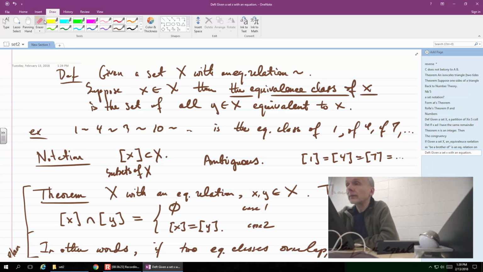Would it help if I put here A, since we're talking about A? So x is given, and then we have an equivalence class, the set of all A's equivalent to x, or A equivalent to x.